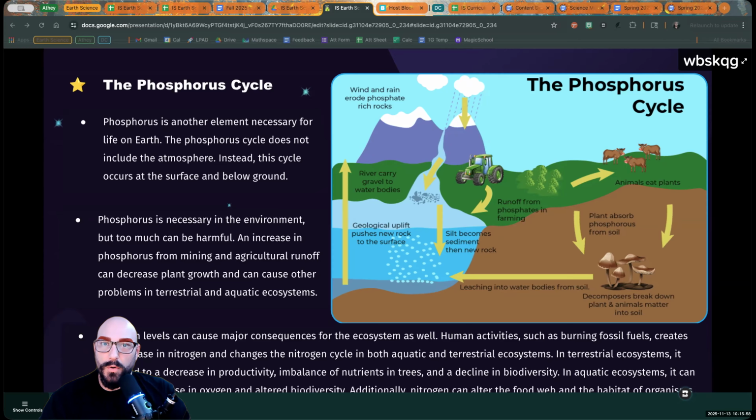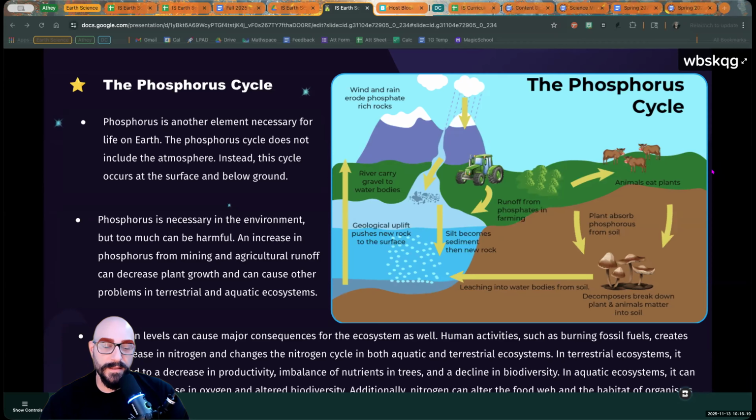Okay, so having these cycles working properly is really, really critical for life. And every part of these cycles affects the other cycles, right?